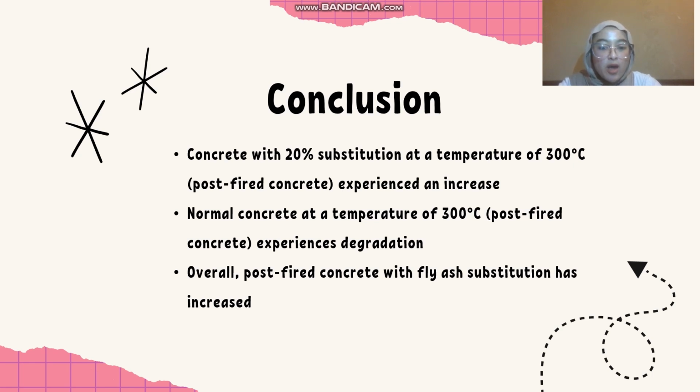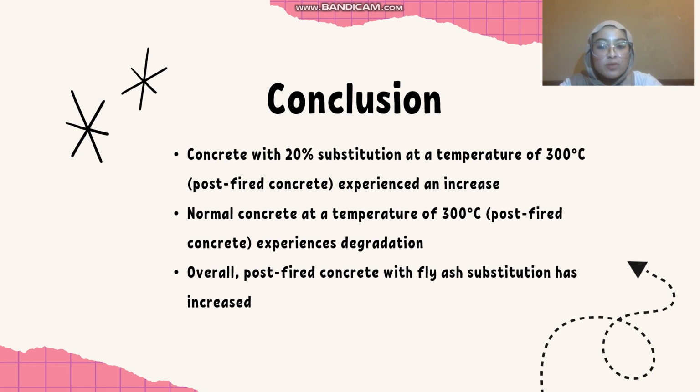Concrete with 40% substitution at a temperature of 300 Celsius, post-burning concrete experienced an increase compared to 40% substitute concrete at 28 days by 10.3%. Normal concrete at a temperature of 300, post-burning concrete decreased compared to normal concrete at age 28 days by 37.7%.